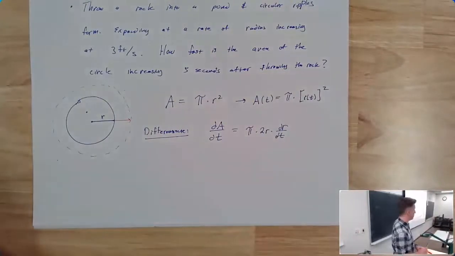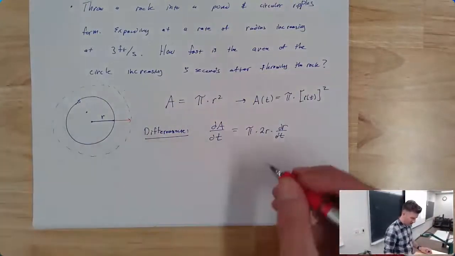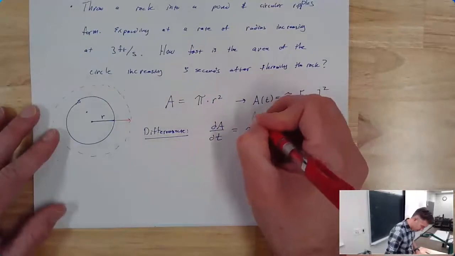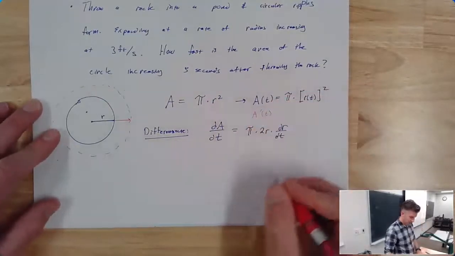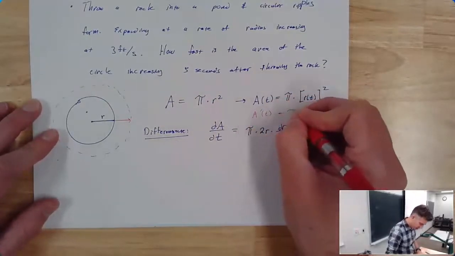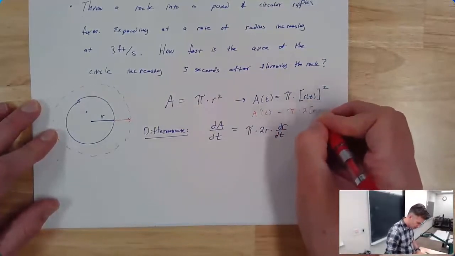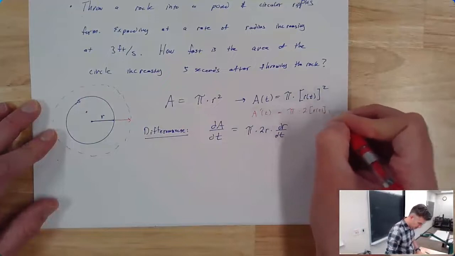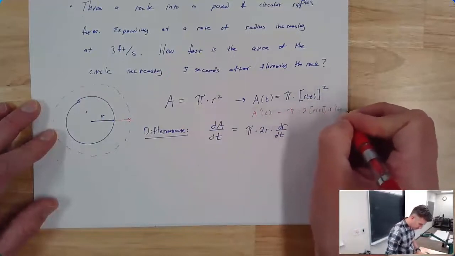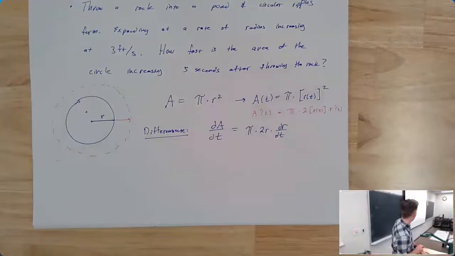And then when we differentiate both sides, it's a little more obvious that, oh yeah, on the left-hand side, you're going to get A prime of t. And on the right-hand side, you're going to get pi times a function squared's derivative, which is 2 times that function to the first times the derivative of that function. And now it's maybe a little hard to see.